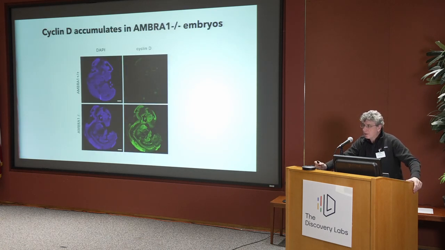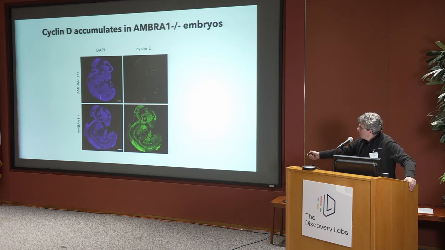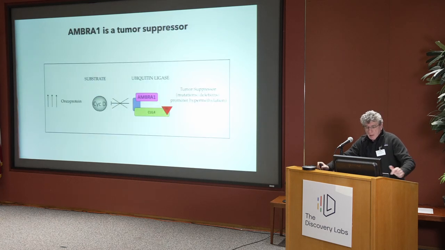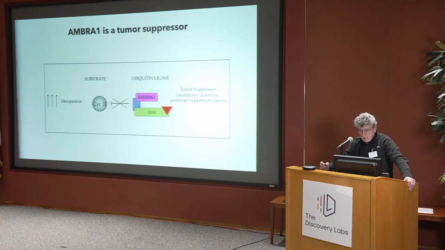This was done in cells. We did it also in animals. These animals die in utero, but they die with high levels of cyclin D1 compared to wild-type animals. Then what about cancer? Cyclin D1 is an oncoprotein, so AMBRA1 is supposed to be a tumor suppressor.